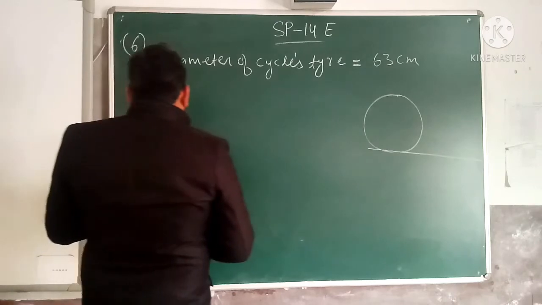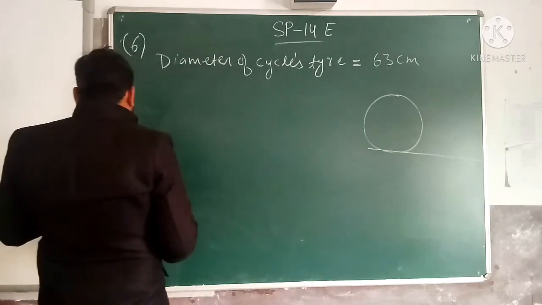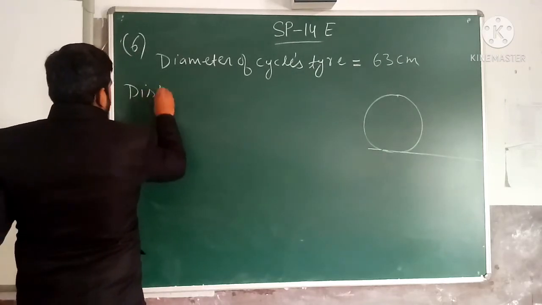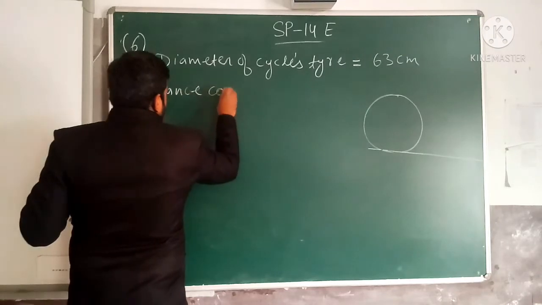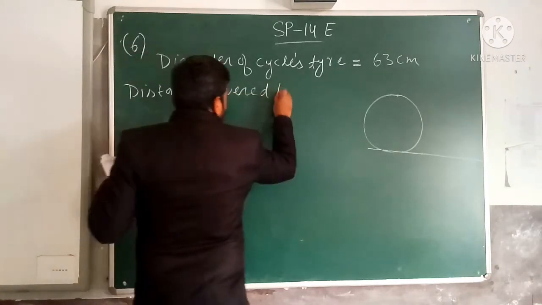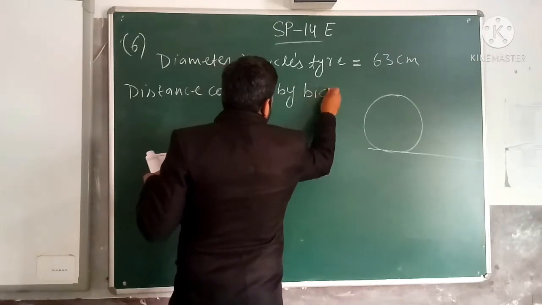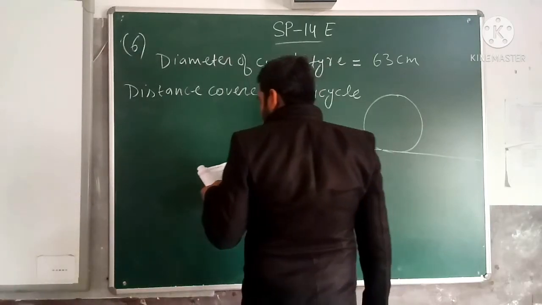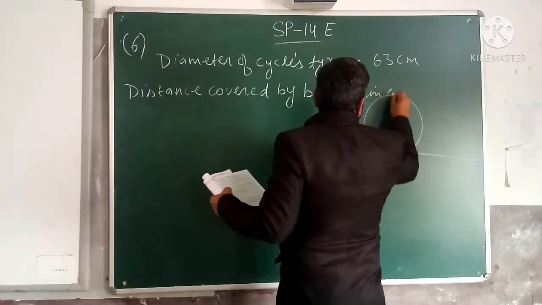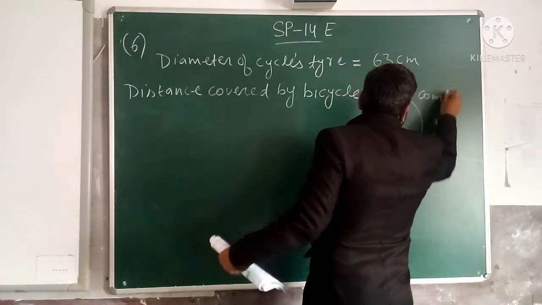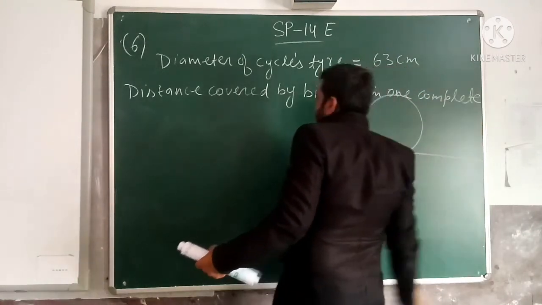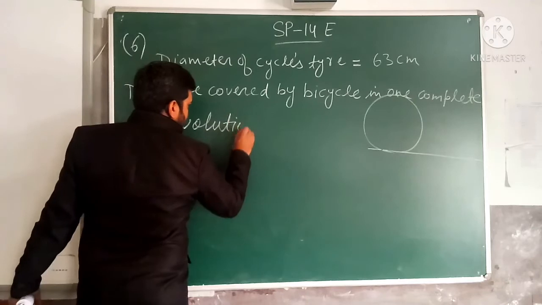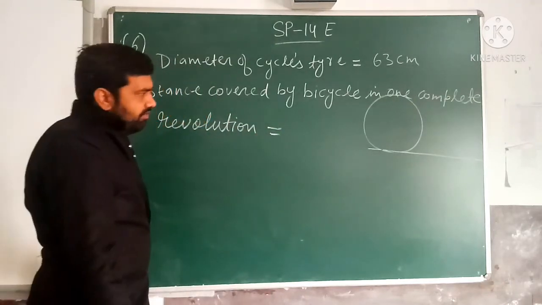Okay. So, distance covered by the bicycle in one complete revolution equals what? The circumference of the wheel.